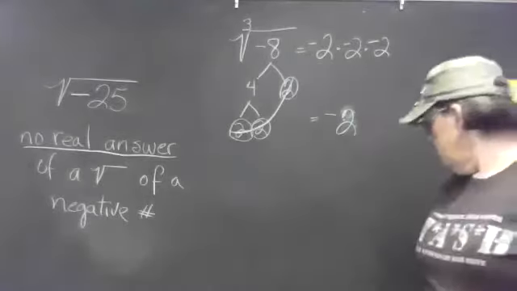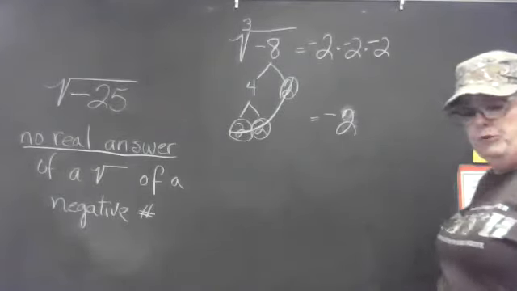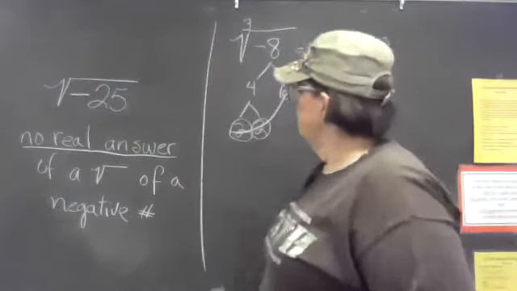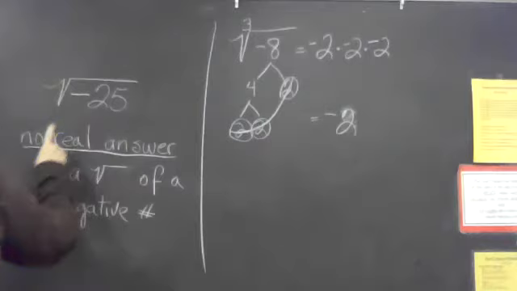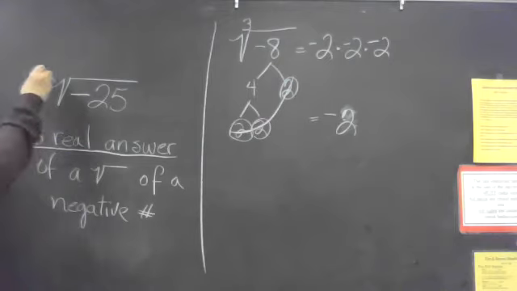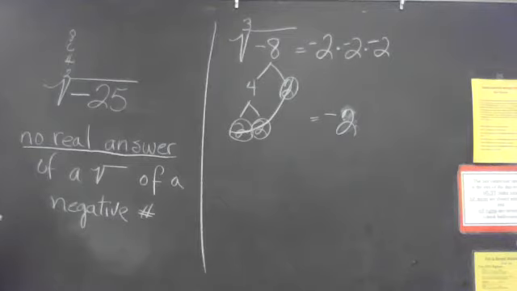Okay, now the last thing that I want to tell you about this before we go on to some of the problems, I want you to see that yes, there is no real answer to the square root of a negative number, but there's no answer to a negative number for a square root, a 4th root, a 6th root, an 8th root, if there are even roots.